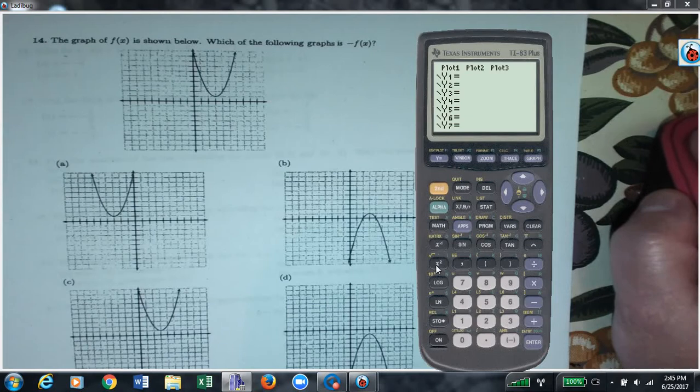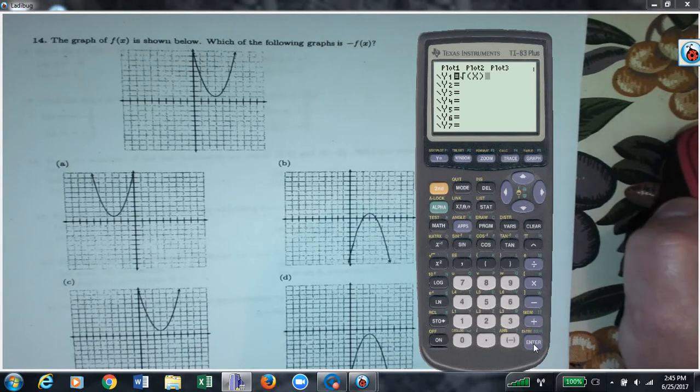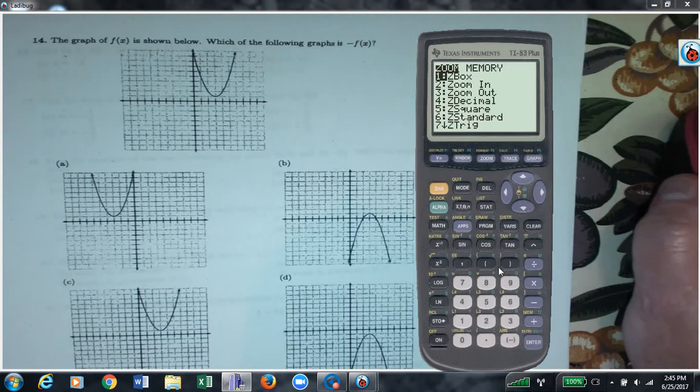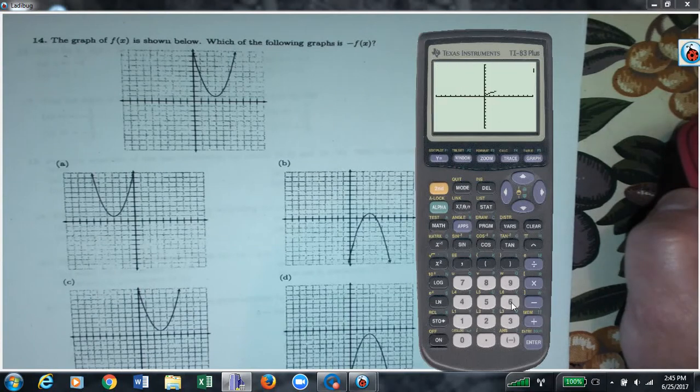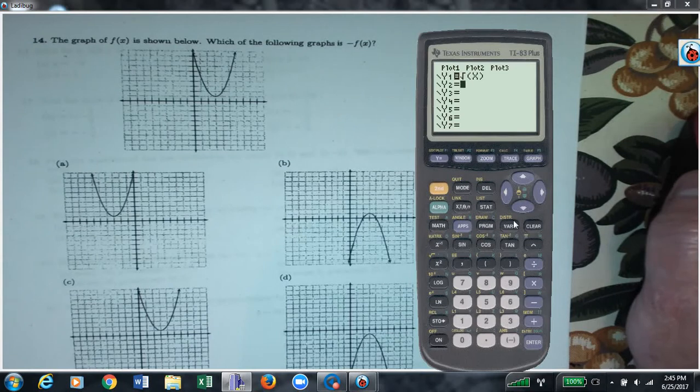So let's look at the square root of x, and let's just see what the graph of that is. And now what happens if I make the change by just putting a negative symbol out the front?